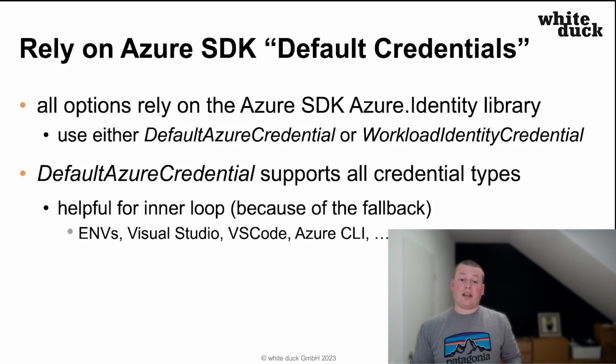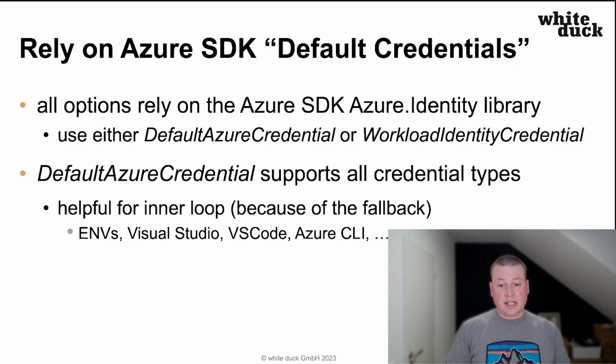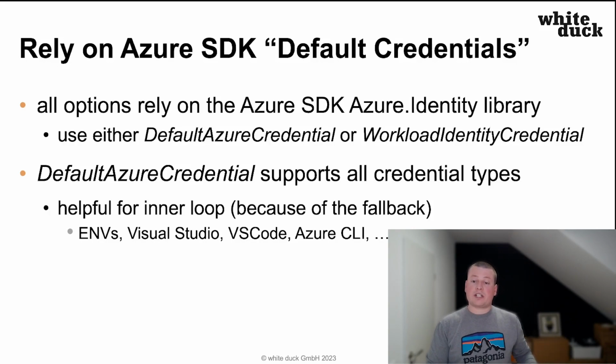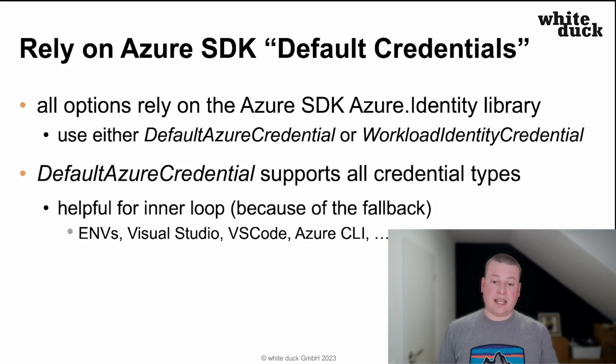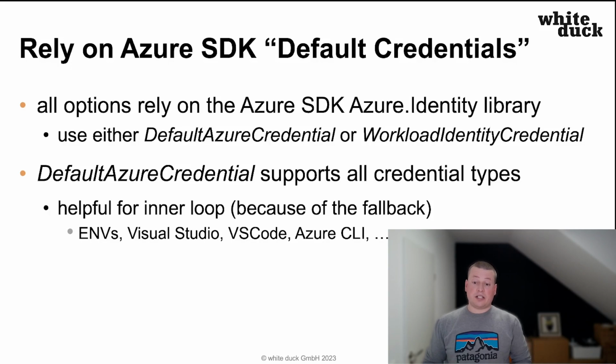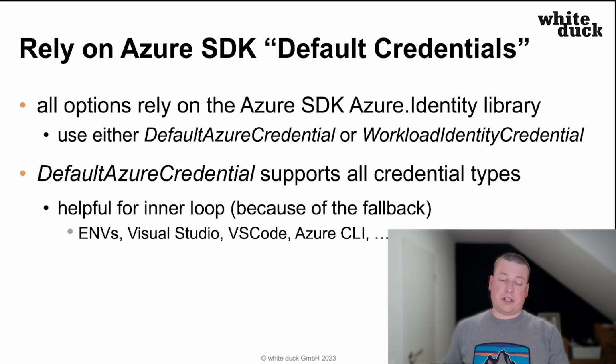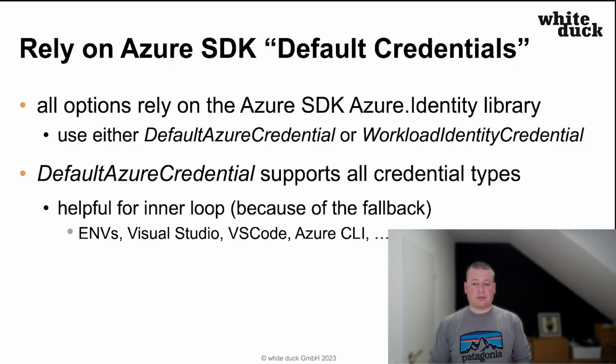So how does this work in code? You can rely on the Azure SDK default credentials. There is a library called Azure Identity within the Azure SDK, and there you can use either the default Azure credentials or the workload identity credentials, both doing basically the same stuff.